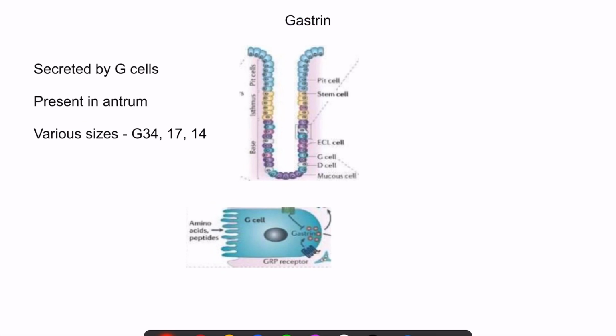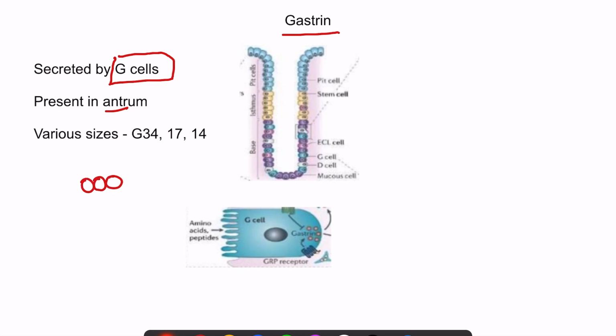First hormone is gastrin. Gastrin is released by enteroendocrine cells known as G cells, which are present in the antrum, and this gastrin is released in various sizes depending on the number of amino acids present. I told you that these GI hormones are polypeptides.